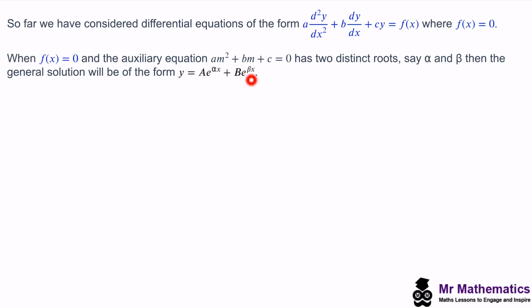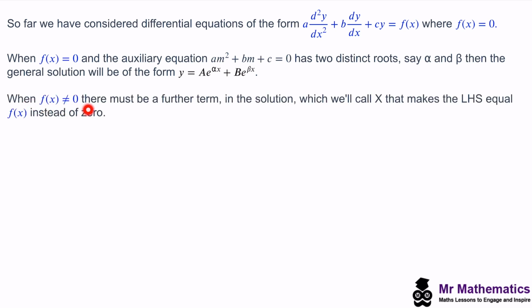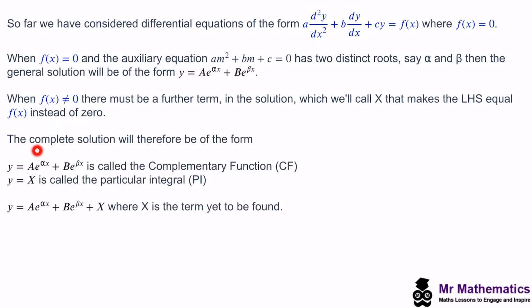complementary functions. But when f of x does not equal 0, there must be a further term in the solution, which we'll call g of x. That makes the left-hand side equal to f of x instead of 0. So the complete solution will therefore be of the form y is equal to the complementary function plus g of x, when this g of x is called the particular integral.